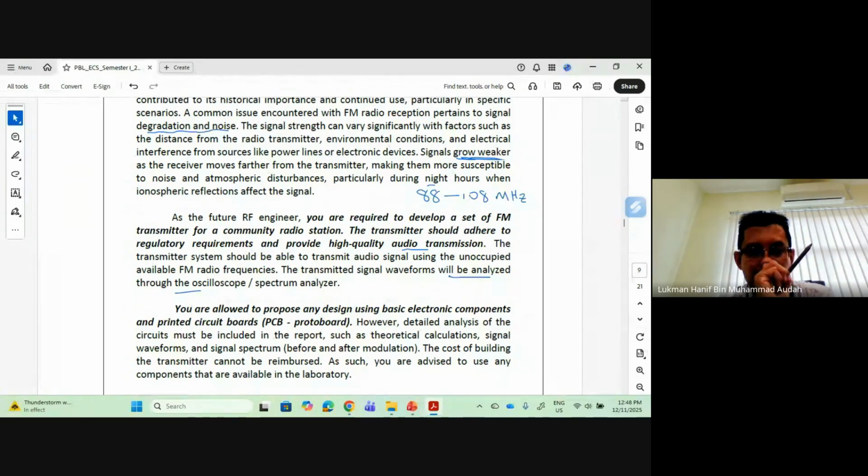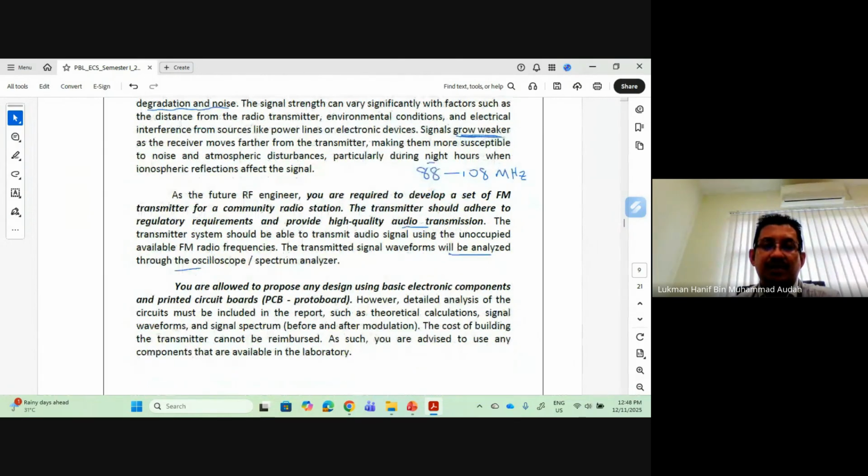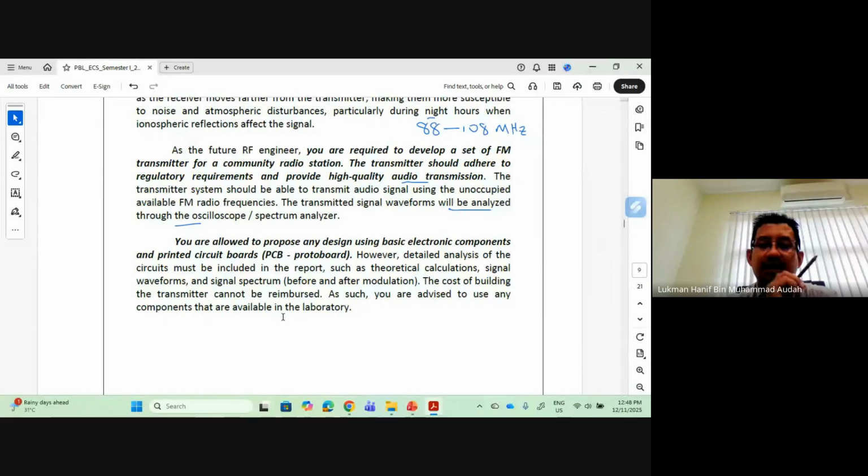You are allowed to propose any design using basic electronic components and the printed circuit board, PCB. However, detailed analysis of the circuit must be included in the report, such as theoretical calculation, signal waveform, and signal spectrum before and after modulation. So the cost of building the transmitter cannot be reimbursed. As such, you are advised to use any component available in the laboratory, or you can buy it yourself.